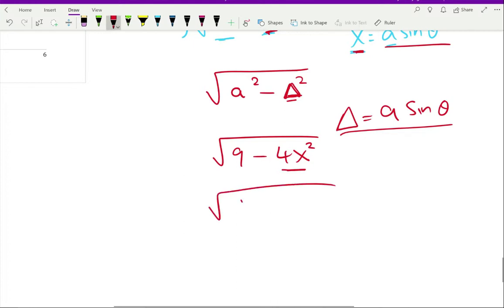So here 4 is 2 square, so I can write this as 9 minus (2x) completely squared. Does that make sense? Yeah, right. Then what is the placeholder? What is the triangle here? It's 2x, not x anymore. That's the difference between this problem and 9 minus x square. That's what I'm clumsily trying to say. Hopefully it makes sense.